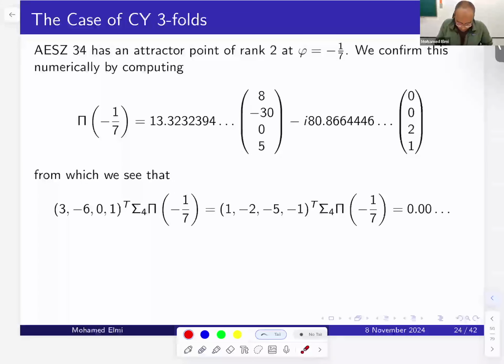So you can just check that this particular vector, you take the product with the periods, and this will vanish. At least numerically it will vanish. You can check to thousands of decimal places, and then you believe, okay, this really works. It's not a proof, but probably good enough.